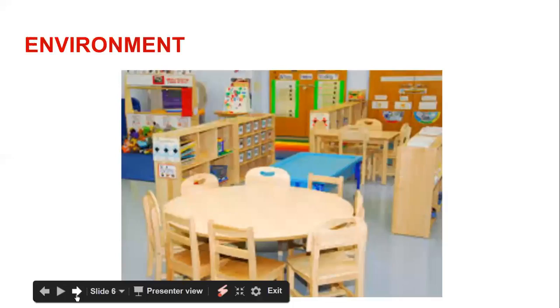Okay, so let's go on to environment. Here's a classroom environment. We need to look very closely at what the environment is like for the student. Obviously, this is a younger classroom environment. As the student ages, the environment obviously changes. We need to look at that environment and say, what are the barriers in the environment? What are the things that are actually helping with inclusion? So the way things might be arranged in the classroom could be an issue.